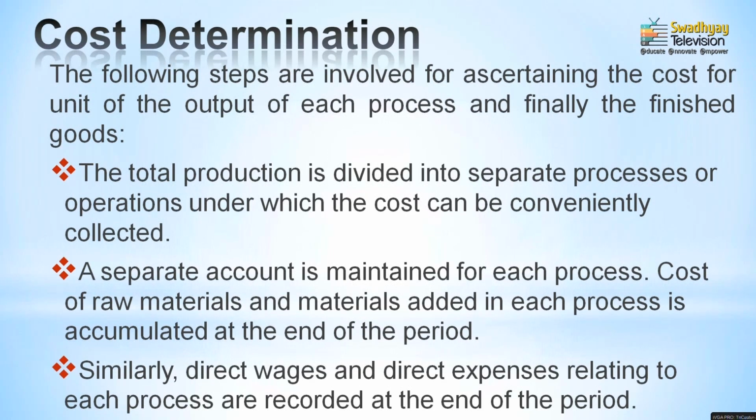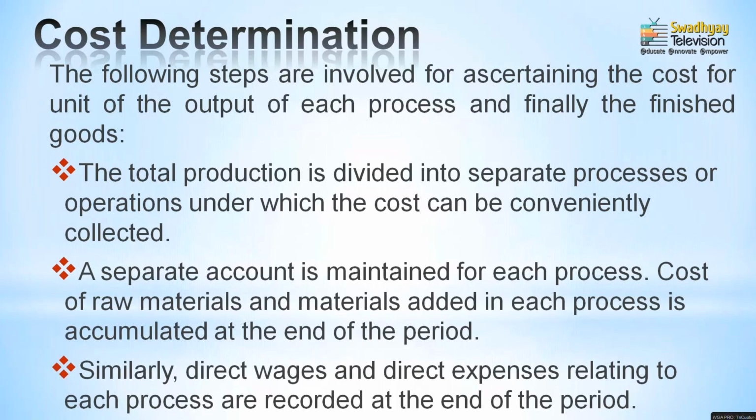Now see, there are a few steps for the calculation of the cost for the particular product. How the cost is determined and identified for the particular product, and how the process costing method is helpful for the manufacturer to calculate the cost, because many features and points are considered at the time of calculation of process costing.